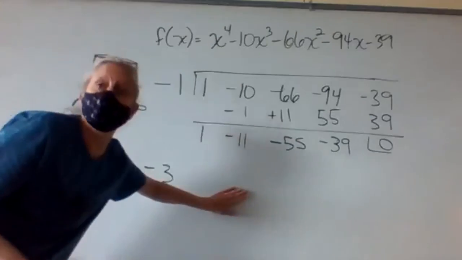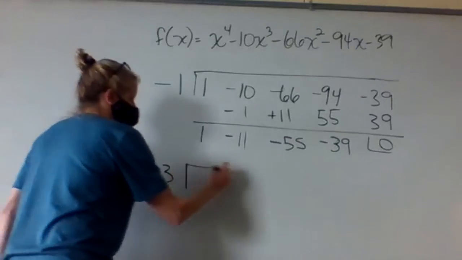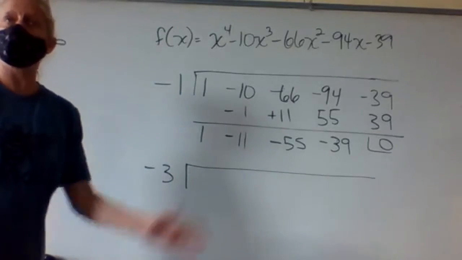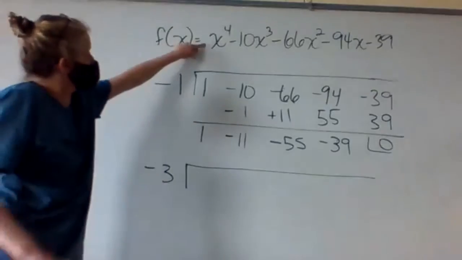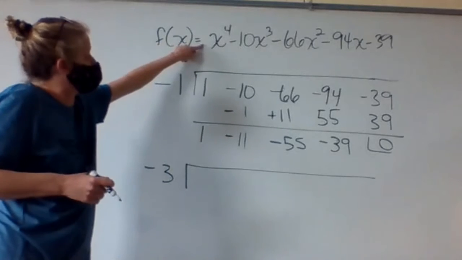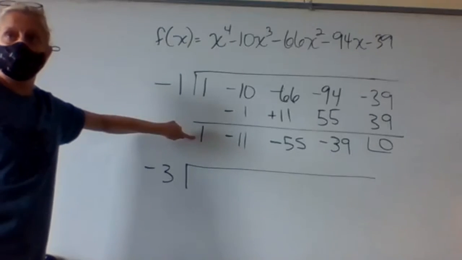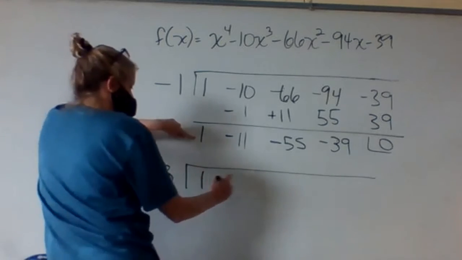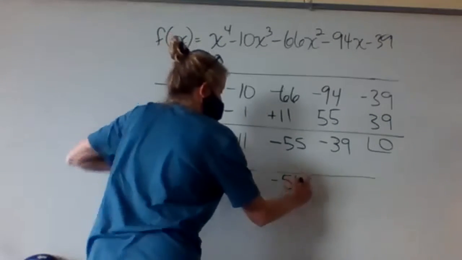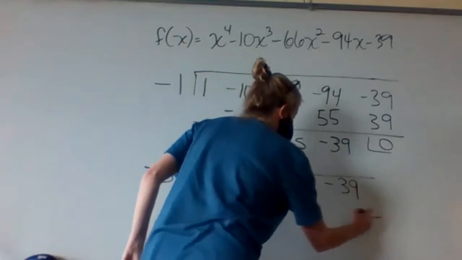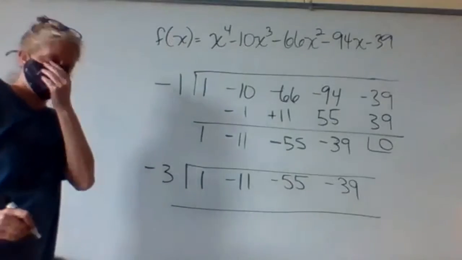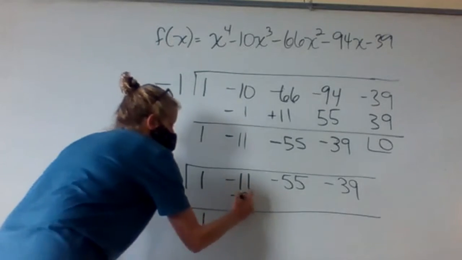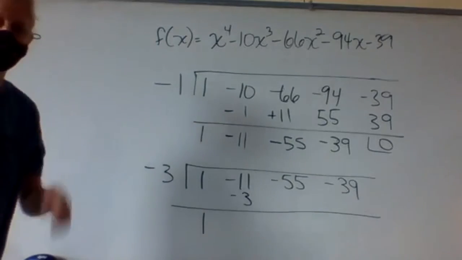Now I'm just going to roll this into the next synthetic division, because -3 is also a 0. If I wrote this all the way out, if this was x to the 4th, this would start off x to the 3rd. So I'm just going to use those numbers now for the other synthetic division. Bring down my 1. -3 times 1 is -3.